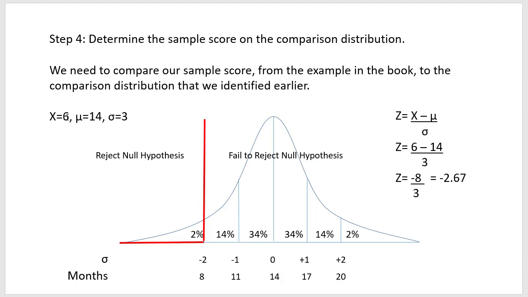We need to convert 6 months to a z-score to find out if the z-score for our 6 months is less than our cutoff z-score of -2. So we do some math. We use a z formula that says z is equal to x minus mu divided by sigma.